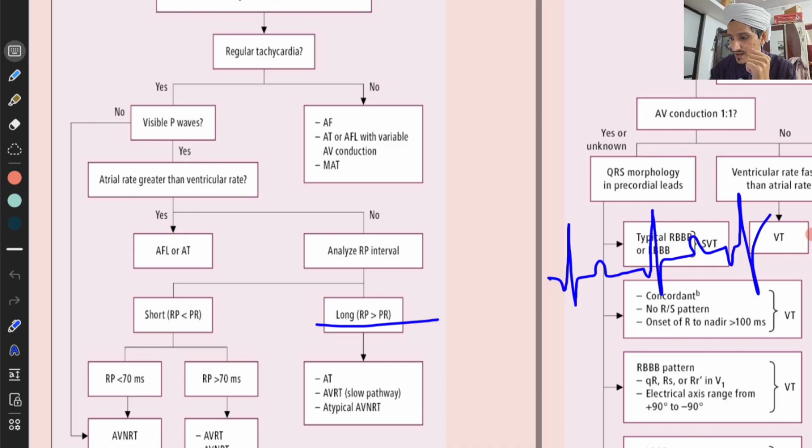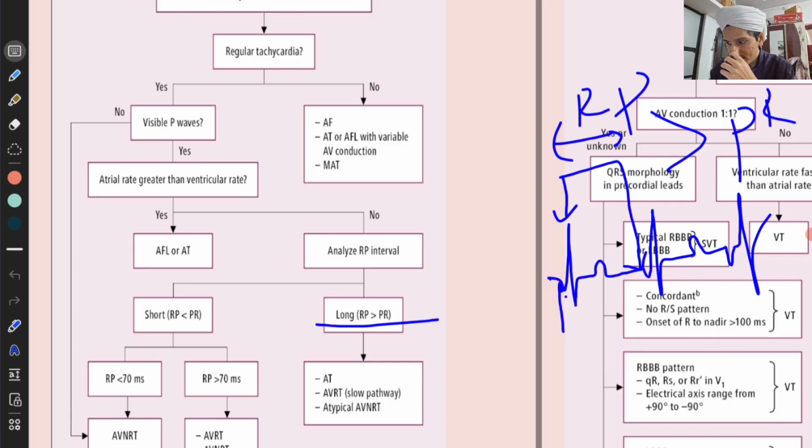RP means from the start of the R wave to the start of the P wave. If it is more than PR, what is PR? From P to R.